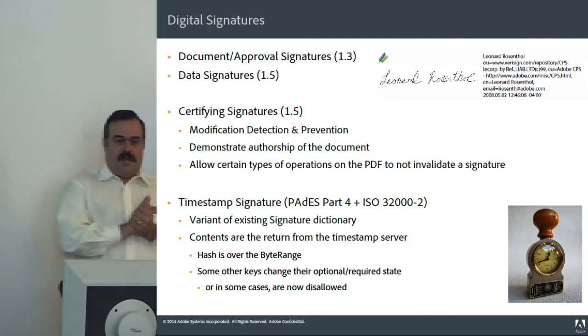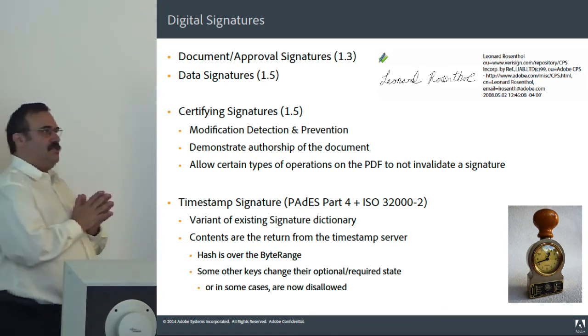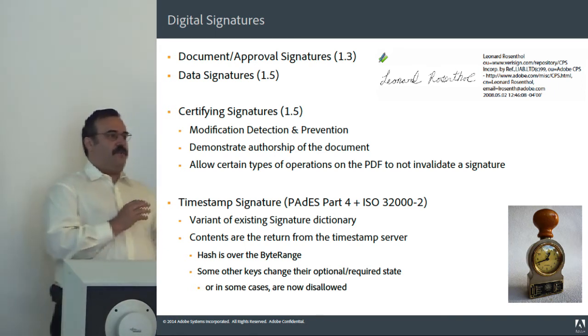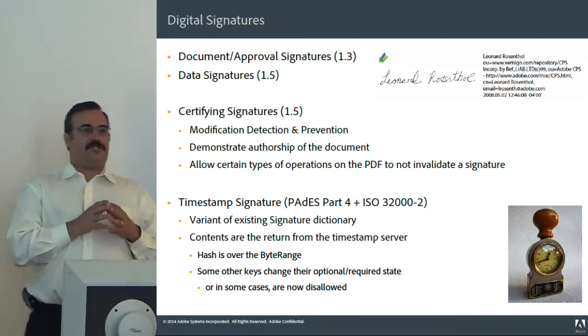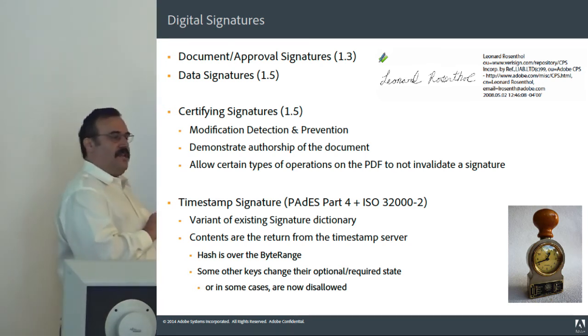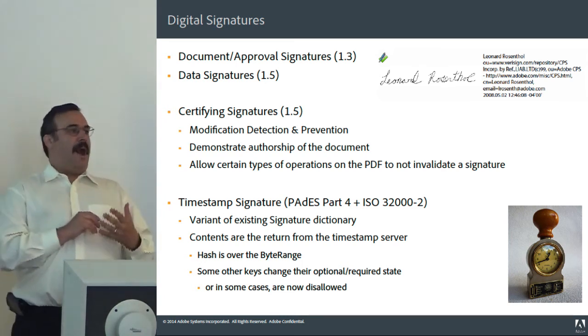Not a highly used feature, but again, it can come in handy. Digital signatures. I'll spend a little bit of time on this. PDF has done digital signatures for a long time, but there are two types of signatures that are fairly recent that don't get as much interest as I think they could. One is certifying signatures. This is a great type of signature. It's put on by an authorizing body, if you will.